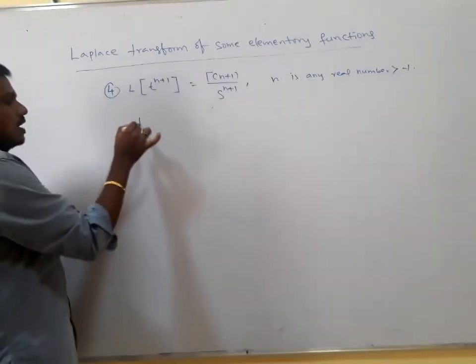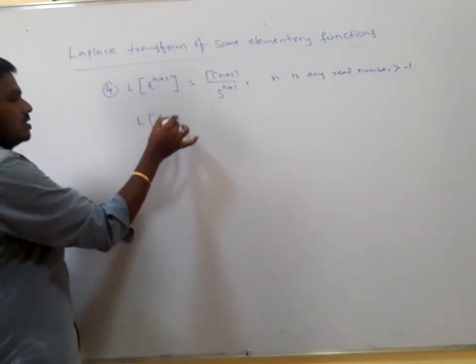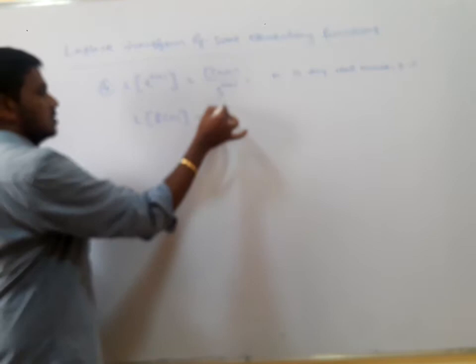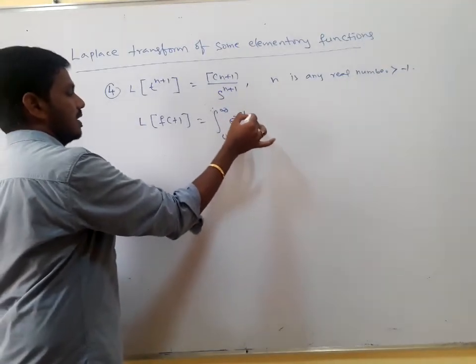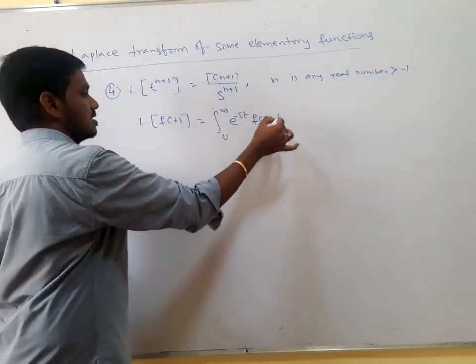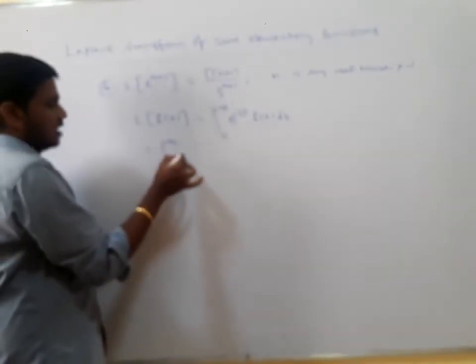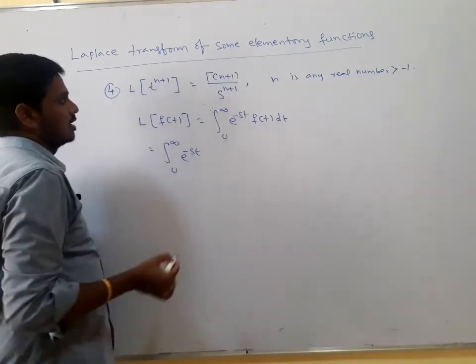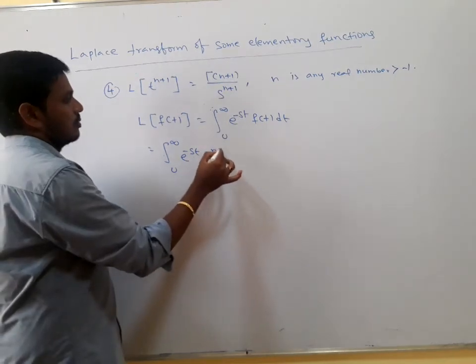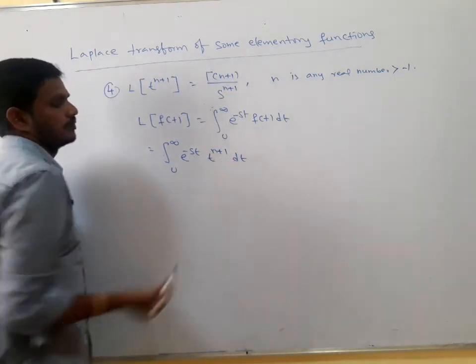Laplace transform of f of t is equal to integral 0 to infinity e to the power of minus st f of t dt, from the definition of the Laplace transform, which is equal to integral 0 to infinity e to the power of minus st, t to the power of n plus 1 dt.